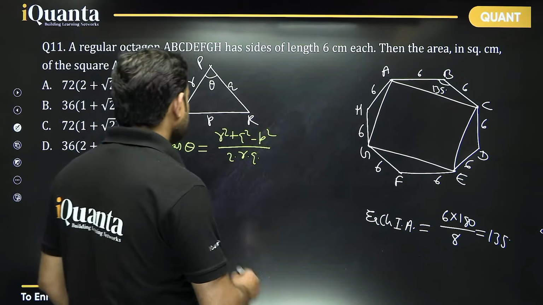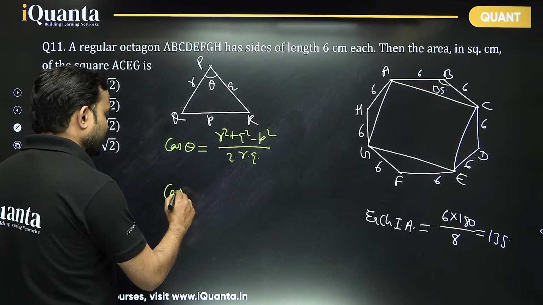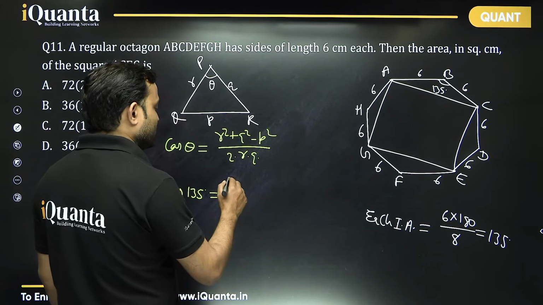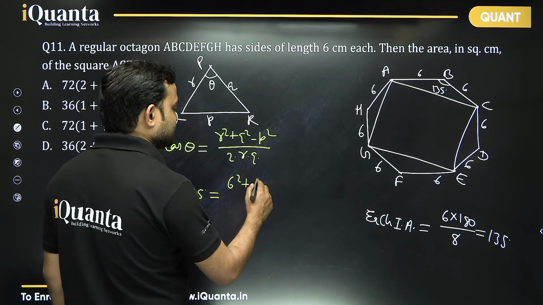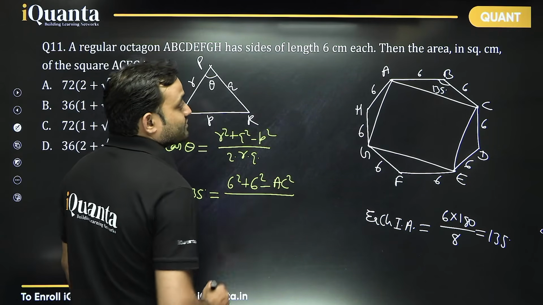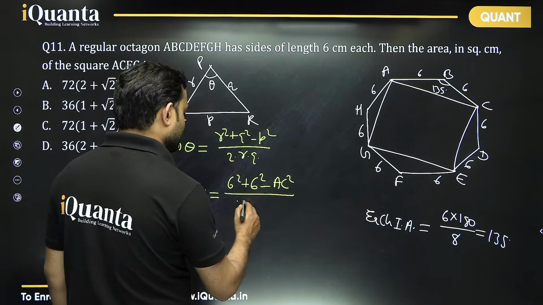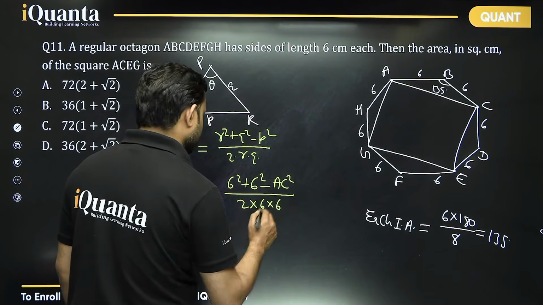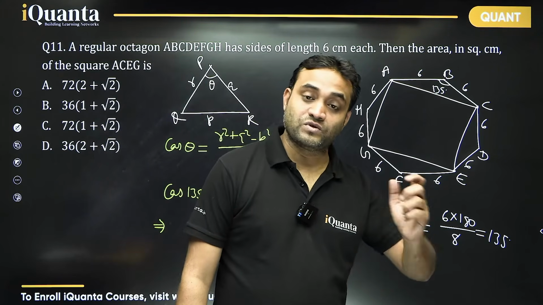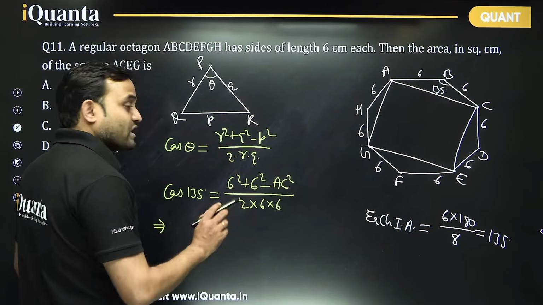For AC, cos 135 degrees is equal to AB square, which is 6 square, plus BC square, which is 6 square, minus AC square, divided by 2 into AB into BC, so 2 into 6 into 6. What is cos 135 degrees? 135 degrees is in the second quadrant, and it is 180 minus 45.